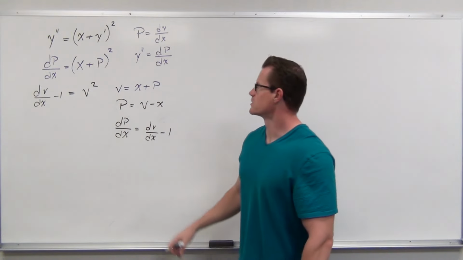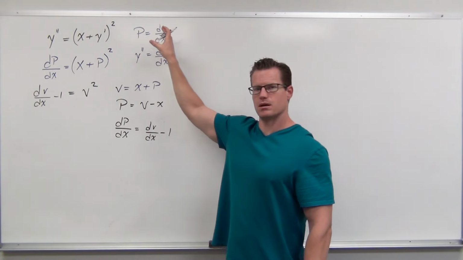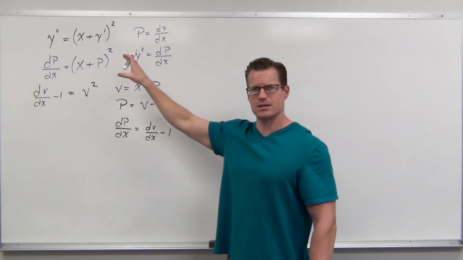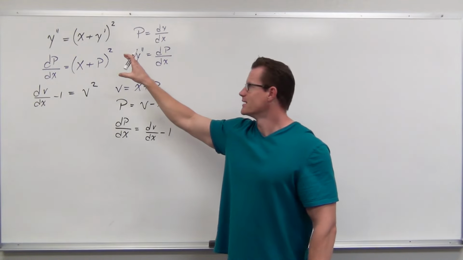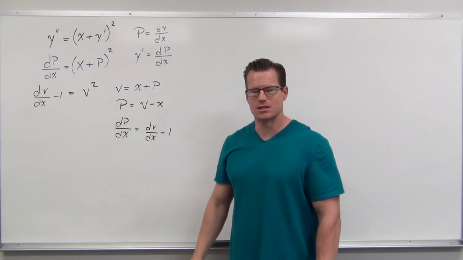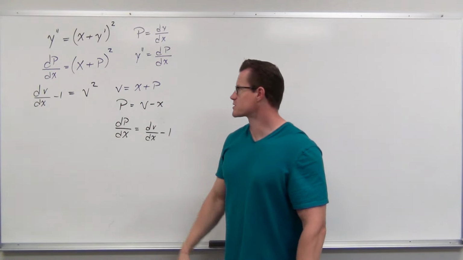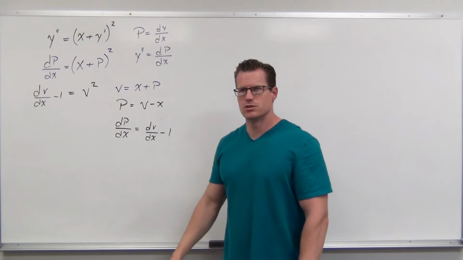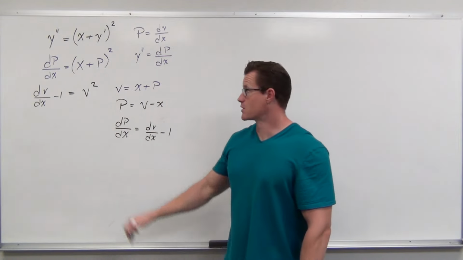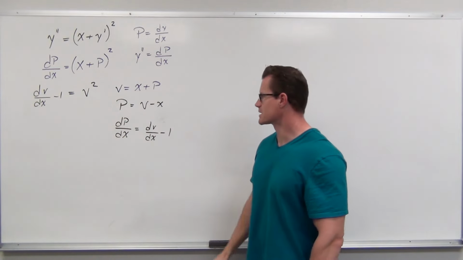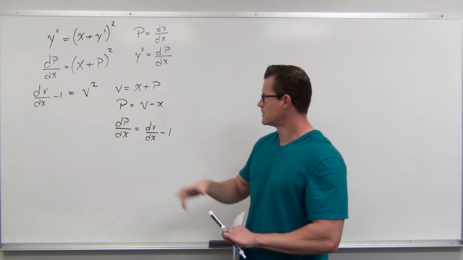Whew. So wait a minute. You're saying we can reduce the second order to first order, and then all of the techniques are open to us? Mm-hmm. So we did that, and we go, okay, how do you do that one? It looks like an obvious substitution. So v is x plus p. Awesome. Solve for your dependent: p equals v minus x. Do a derivative. Why? Because if you're going to replace that p, you better replace the dp. And so we've done that. dp dx is dv dx minus 1.